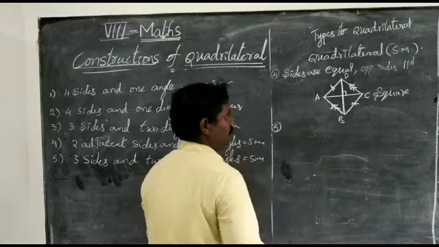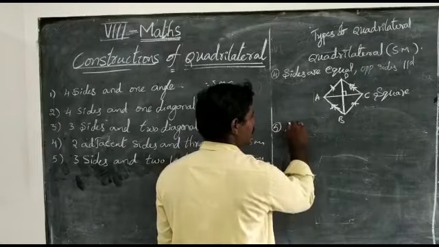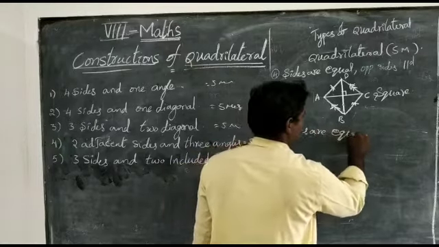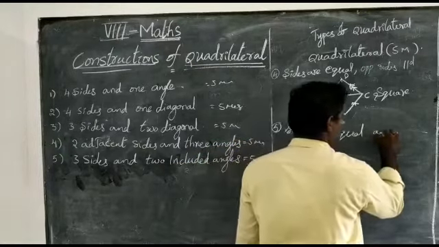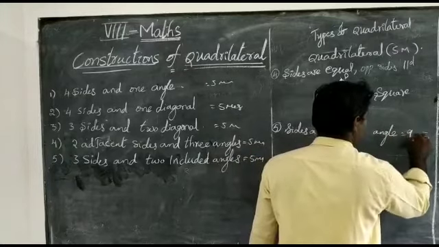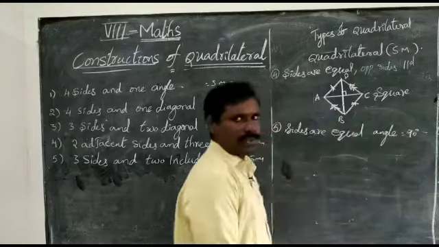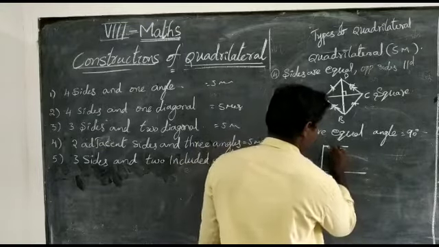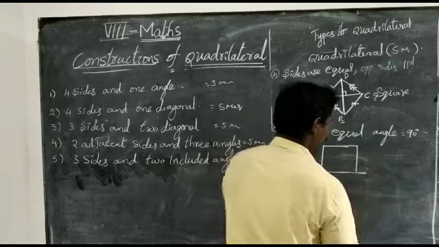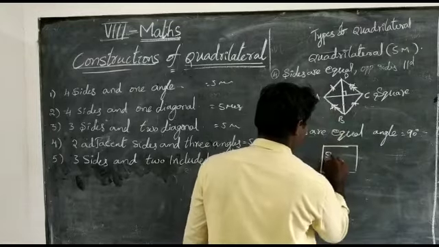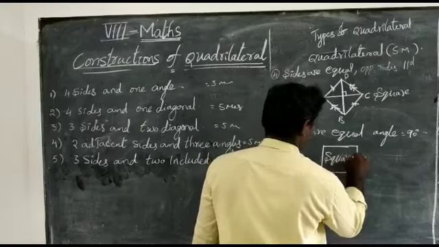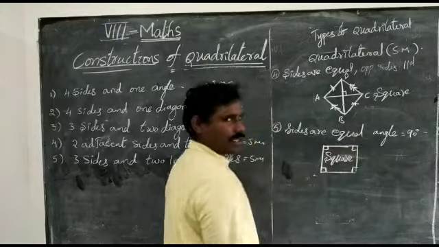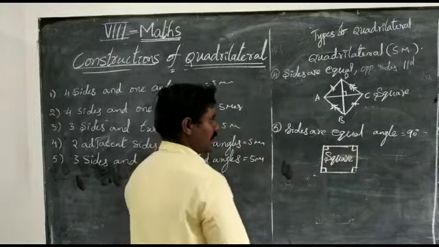That means all sides are equal and all angles are equal to 90 degrees, then it is a square.